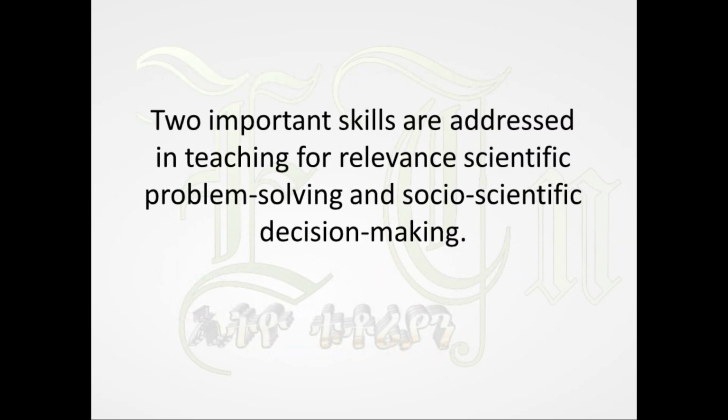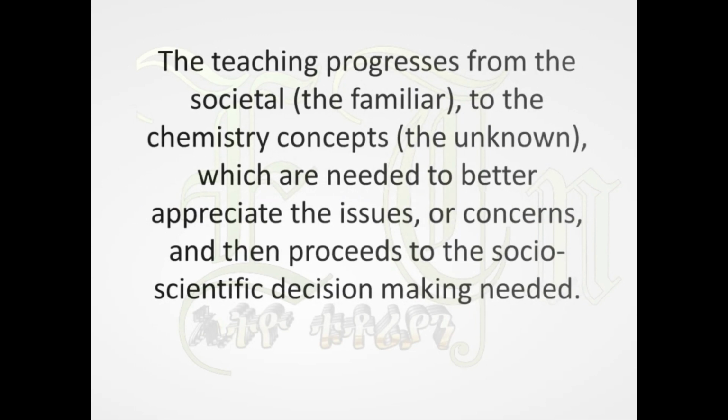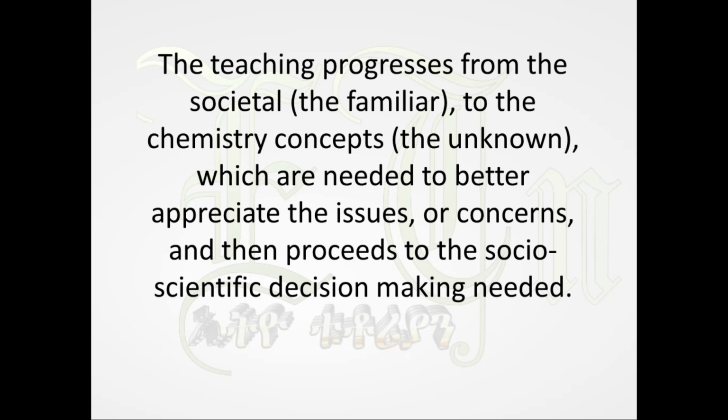Two important skills are addressed in teaching: relevant scientific problem-solving and socio-scientific decision-making. The teaching progresses from the societal, the familiar, to the chemistry concepts, the unknown, which are needed to better appreciate the issues or concerns, and then proceeds to the socio-scientific decision-making needed.